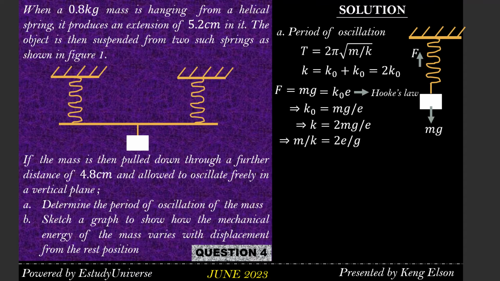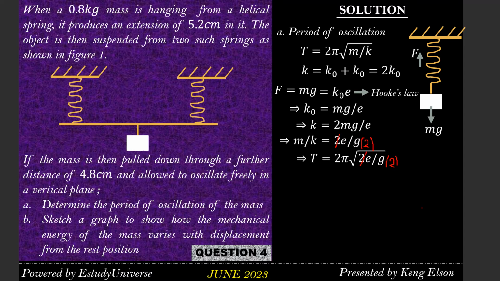There's a little mistake on my side: this 2 is supposed to be in the denominator, because it's multiplying the g. Like I said, guys, this 2 is supposed to be in the denominator, not in the numerator. So it's e divided by 2g.